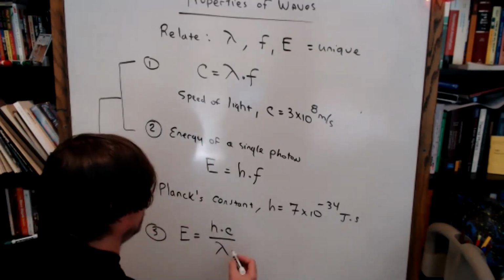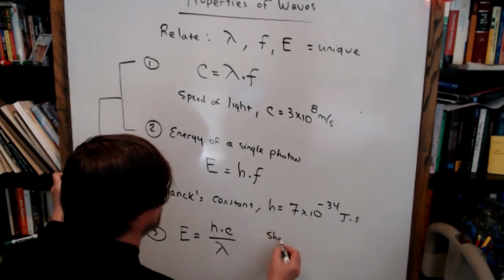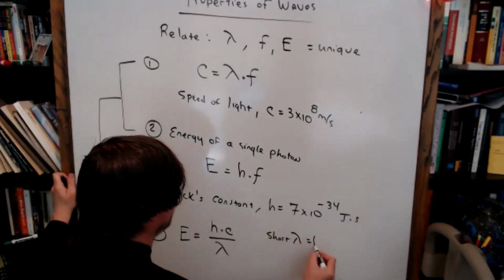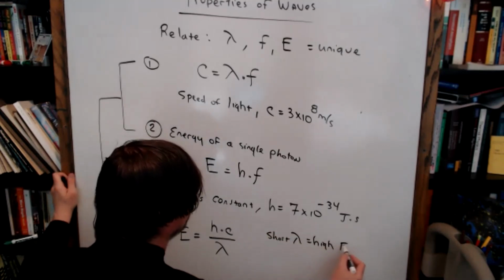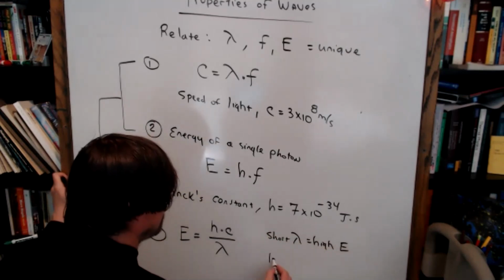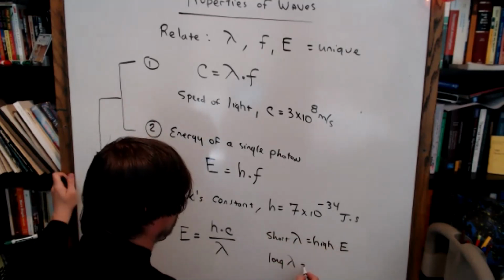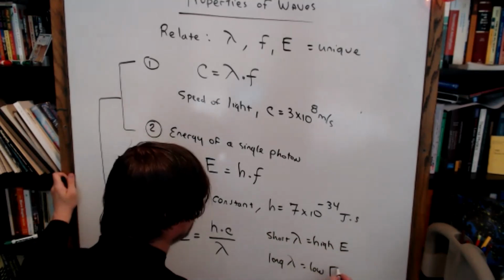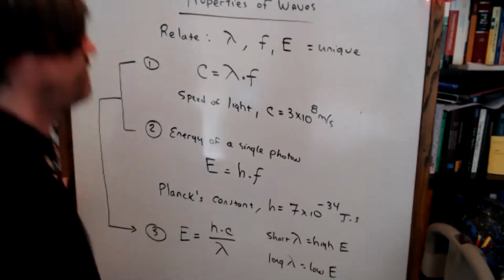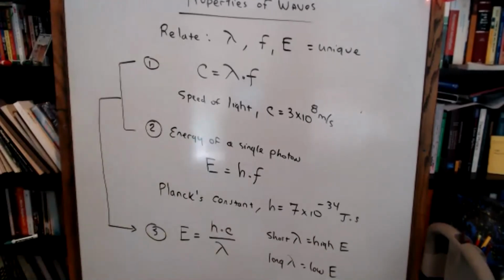For light, the meaning of this formula is that short wavelength is equal to high energy light. Long wavelengths equal low energy light. We practiced those equations in our office hours today, but we might do some more examples going forward.